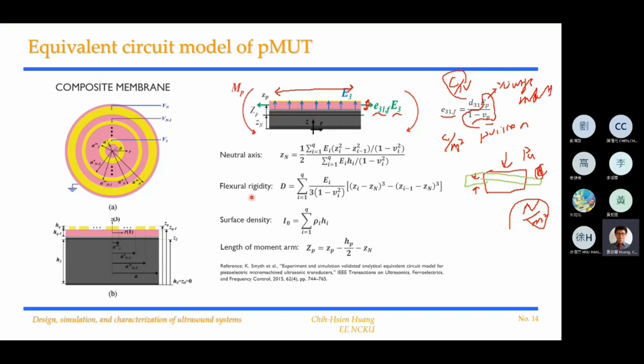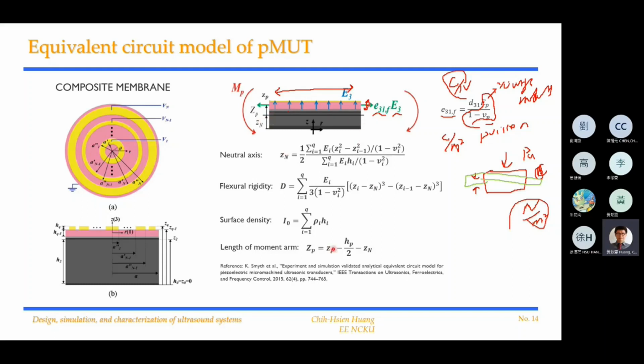Okay, that will make sense earlier. And next we want to find the flexural rigidity. It's actually similar to Young's modulus, just because we want to simulate the entire body together instead of separately, right? So we have to bring all the Young's moduli together and use the relationship between them and the neutral axis to get the flexural rigidity for the entire body here.